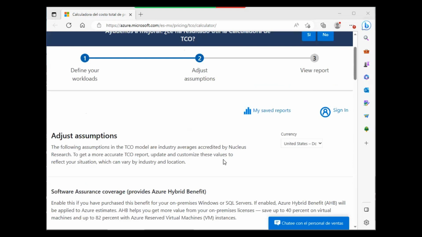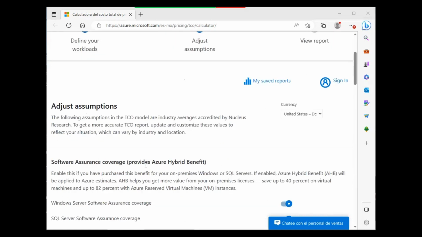Adjust assumptions. The following assumptions in the TCO model are industry averages accredited by research. To get a more accurate TCO report, update and customize these values to reflect your situation, which can vary by industry and location.